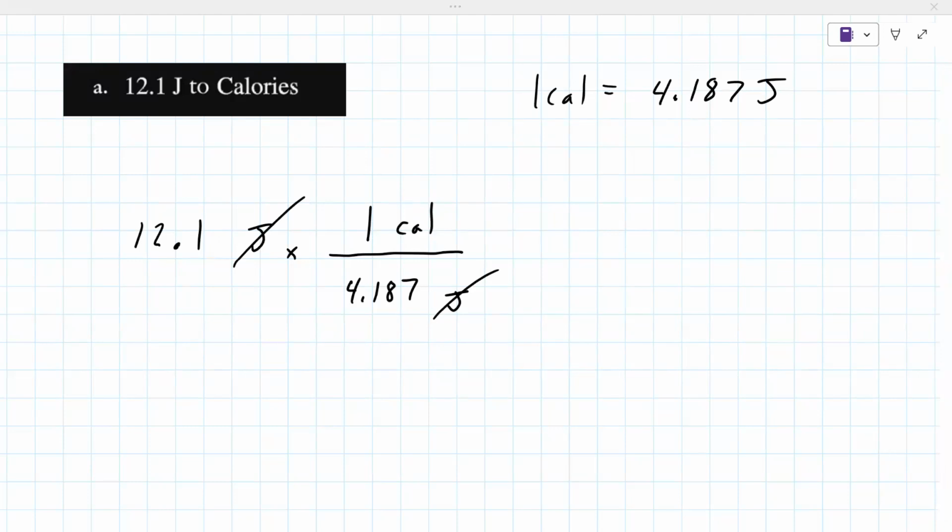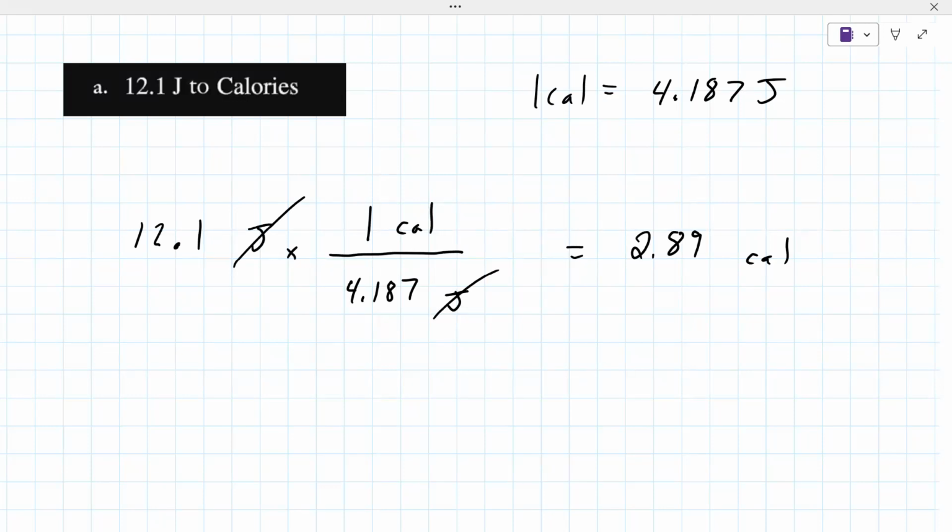And you're going to round to 3 significant figures, please. I got 2.89. And what are the units? Calories. It's the only one that's left over. Right. Good job on that.